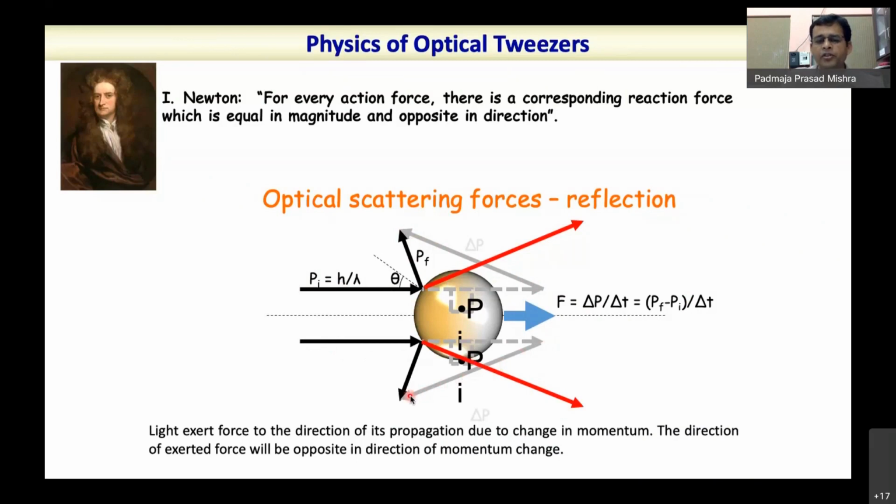If you resolve the x component and y component, the net change in the momentum vector is in this direction, so it will give a pressure in this direction and the bead will move towards the right. I hope I'm able to convince you why the change in momentum shifts the bead in the opposite direction.